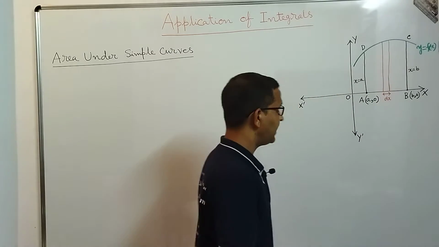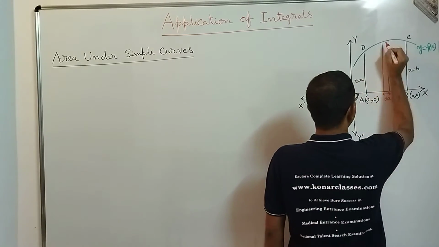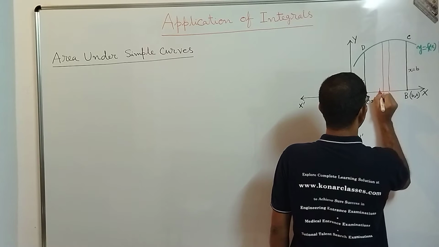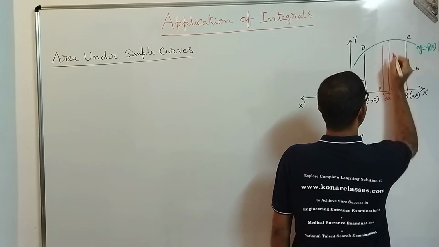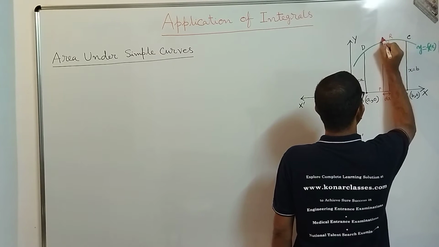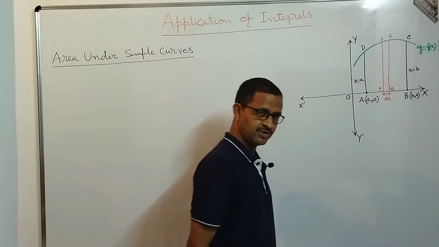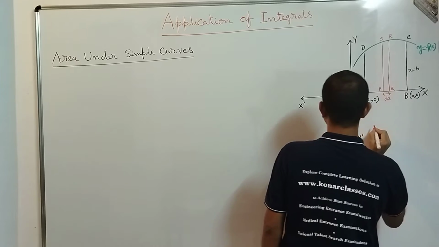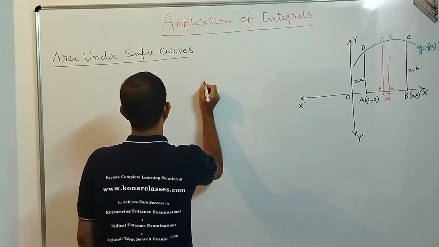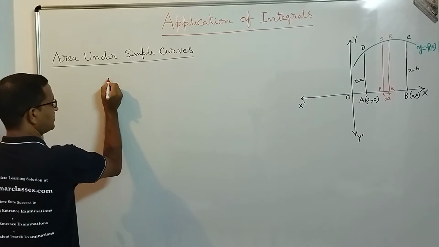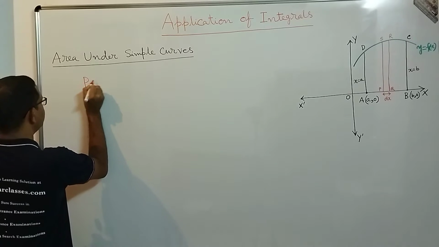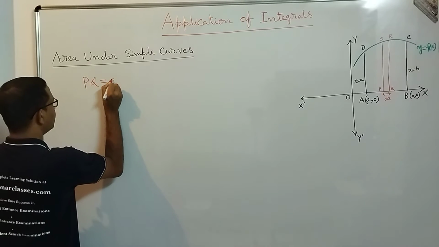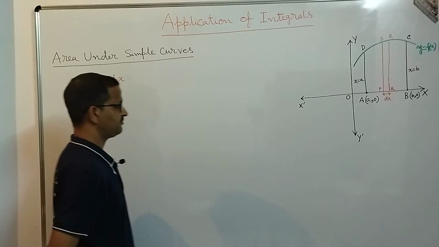And if we consider the strip as P, Q, R and S, then the length PQ is equal to dx. So I can write here that PQ is equal to dx.